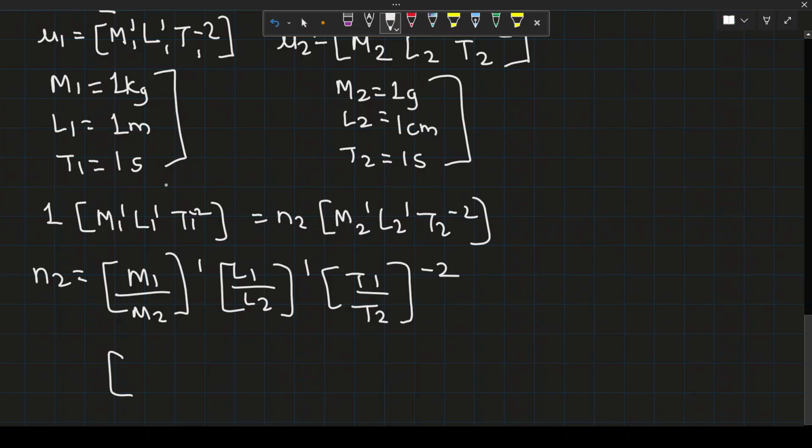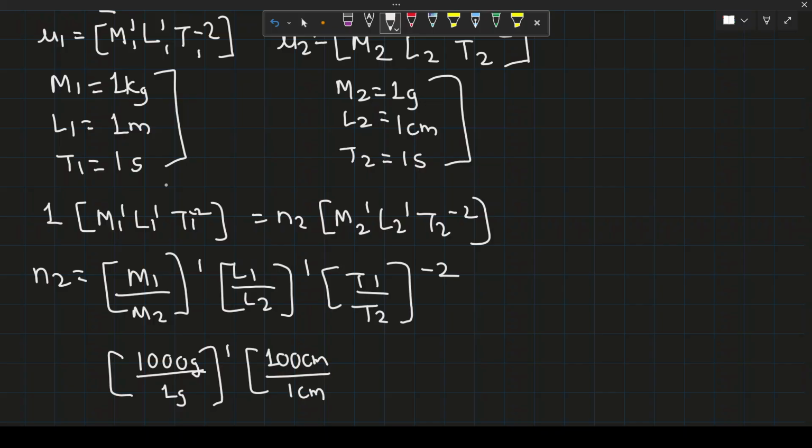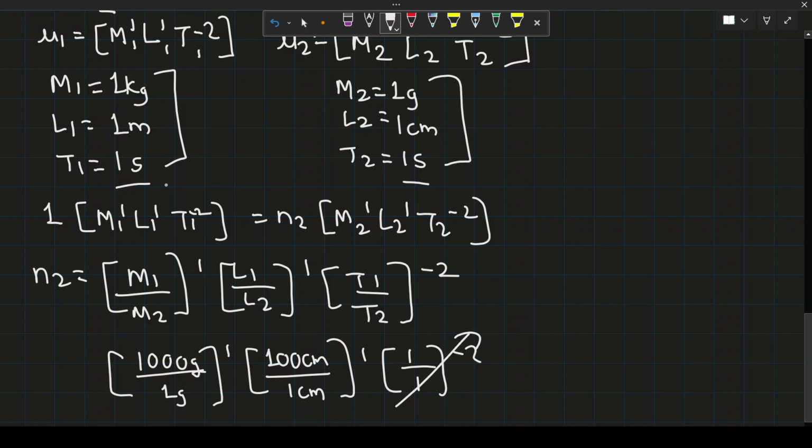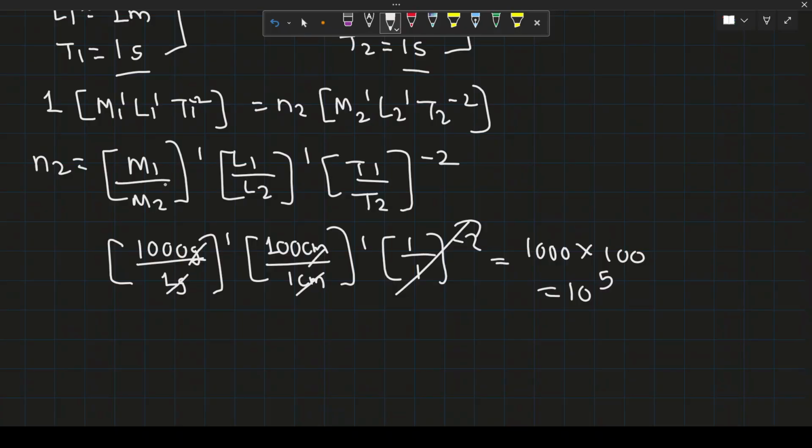M1 being 1 kg can be written as 1000 grams upon 1 gram raised to 1. L1, which is 1 meter, can be written as 100 centimeters upon 1 centimeter, and both being seconds will get cancelled out. So gram, gram, and centimeter, centimeter cancel. So you get 1000 into 100, which is 10 to the power 5. Hence, 1 Newton is equals to 10 to the power 5 dyne.